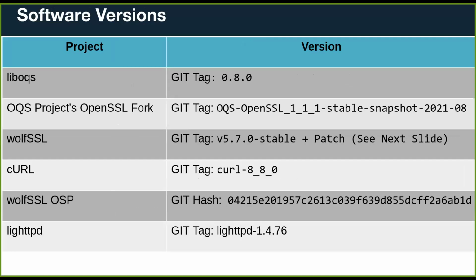And so for the various versions, we don't necessarily pick the newest versions of everything. We do what's convenient for you and what's convenient for us and what's available. So for example, for libOQS, we're sticking with the 0.8.0 version, the git tag there. It's very convenient. For the OpenSSL fork, notably, we're using the 1.1.1 stable snapshot.